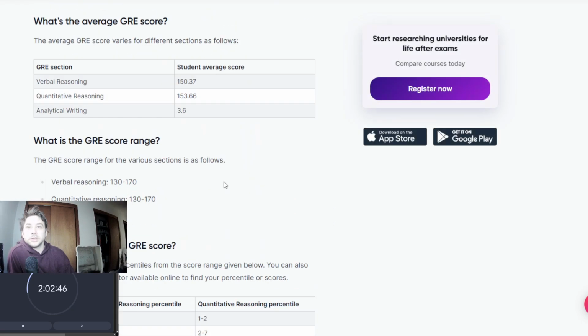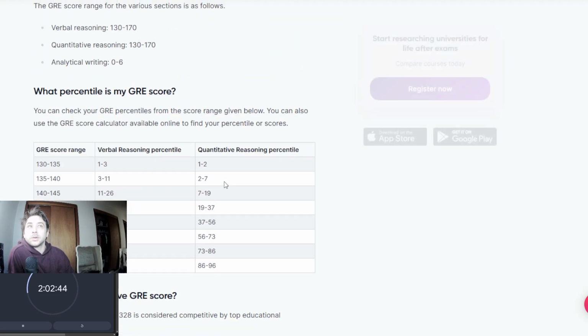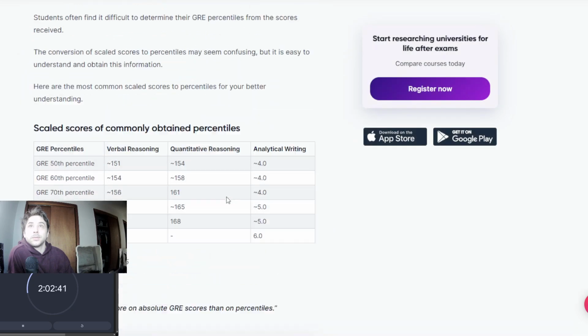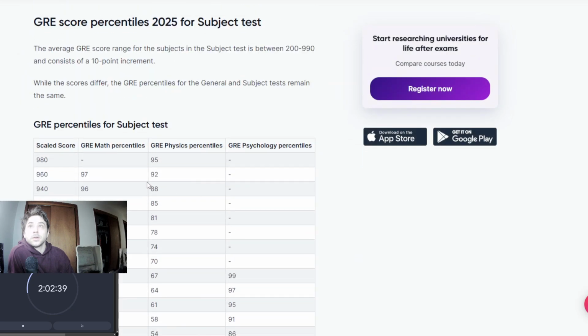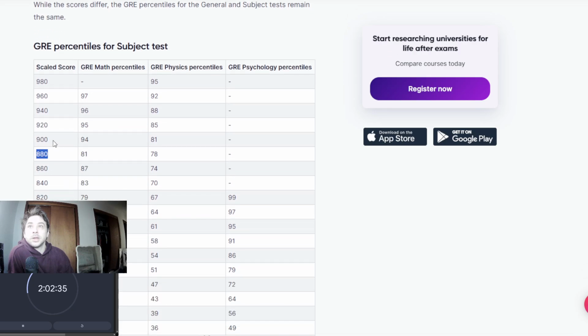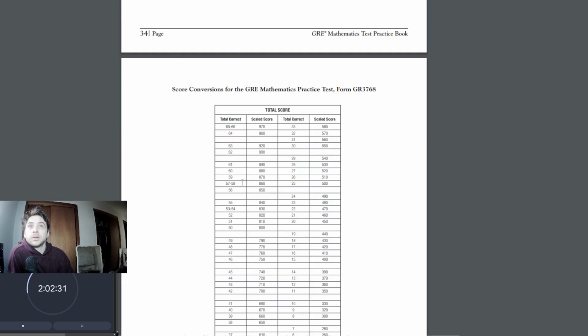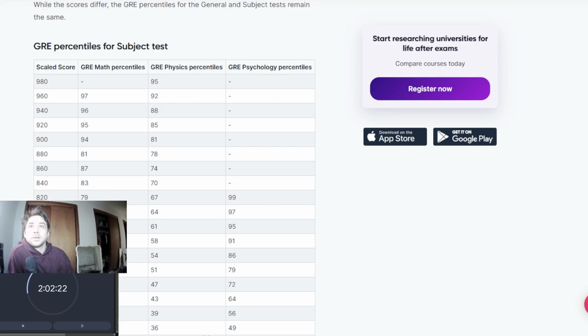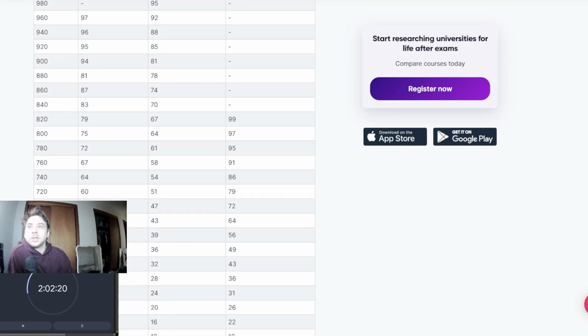These percentiles for this math score. Maths. Top 10%, you got to get like an 890. 61, you get 5 questions wrong. Crazy. Average is 680.